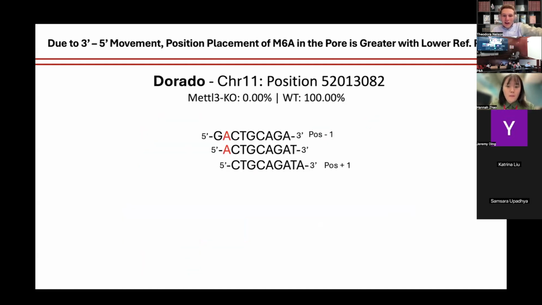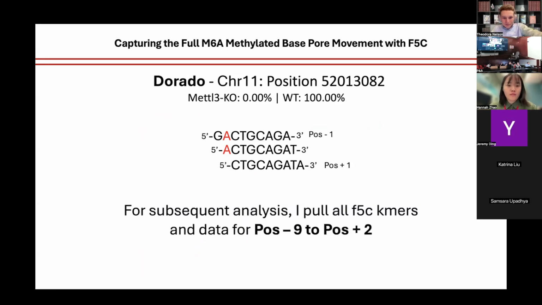So there could be a lot of things. If you look at position -1 or position +1, you will see that the m6A adenosine and its location in the pore is going to move. So in position -1, that adenosine is going to be the second base from the end.